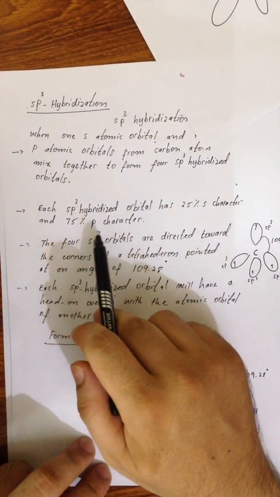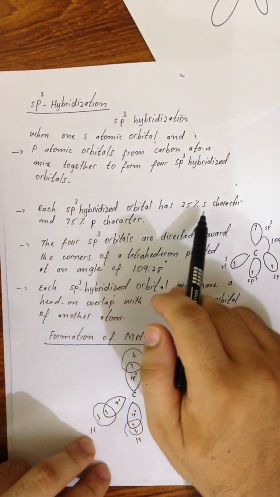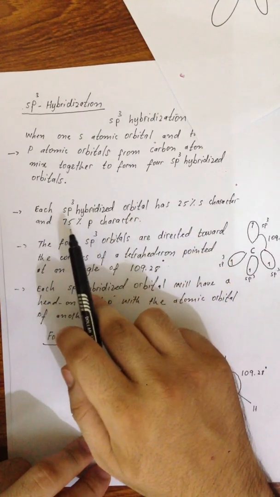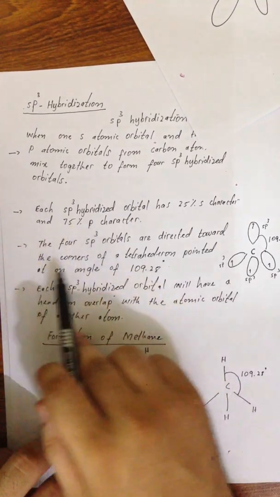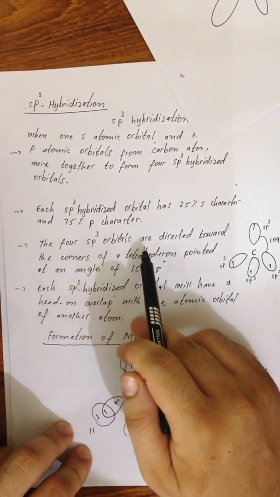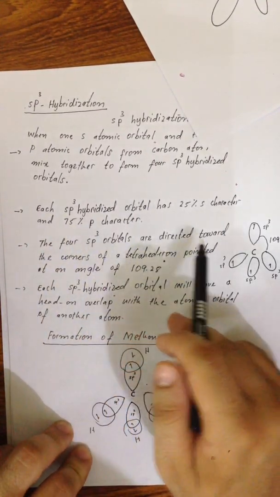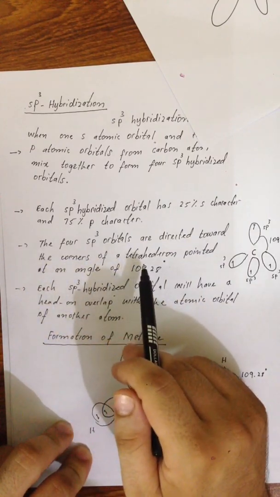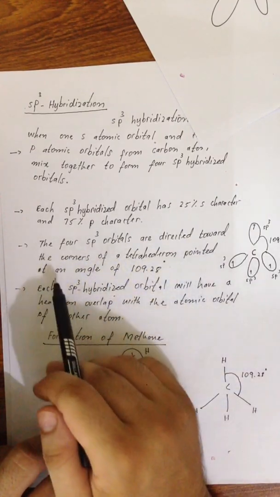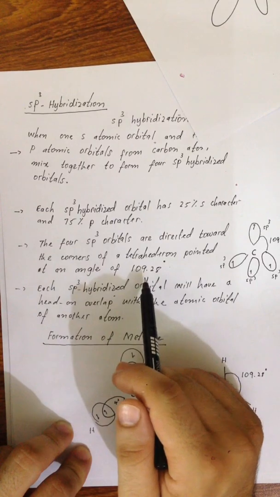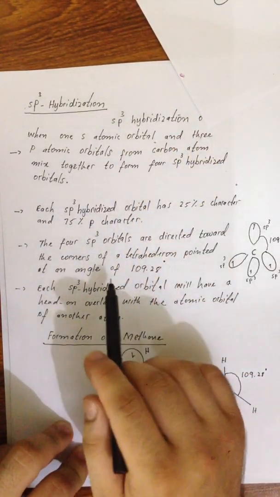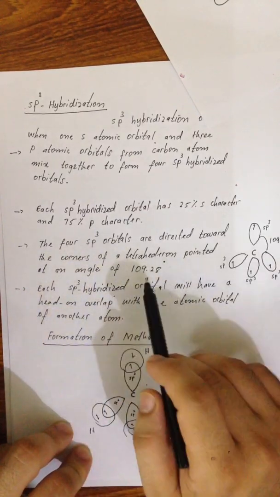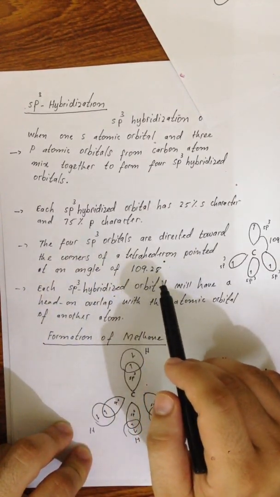Each sp3 hybridized orbital has 25% s character and 75% p character. The four sp3 atomic orbitals are directed toward the corners of a tetrahedron, pointed at an angle of 109.28 degrees.